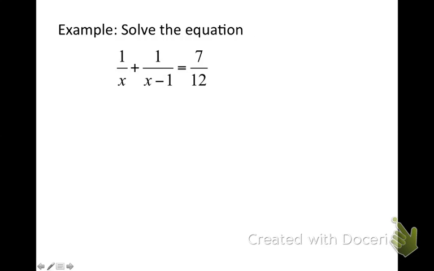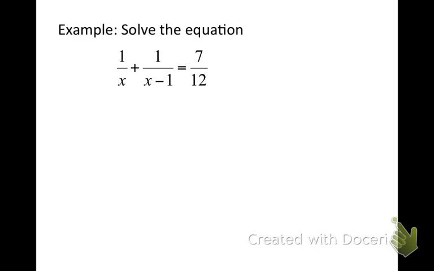Here's our first equation. We have the equation 1 over x plus 1 over x minus 1 equals 7 over 12. Now, if we remember back when we were solving rational equations, our goal was to get the same denominator in each of those fractions, right?